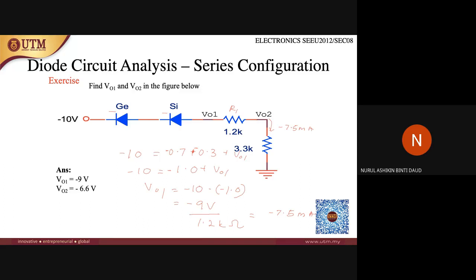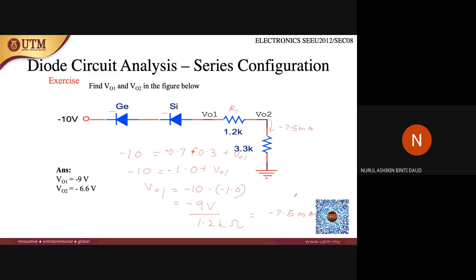Is it correct? The current is IR. So from here, you can find the value of the voltage here, times 3.3.